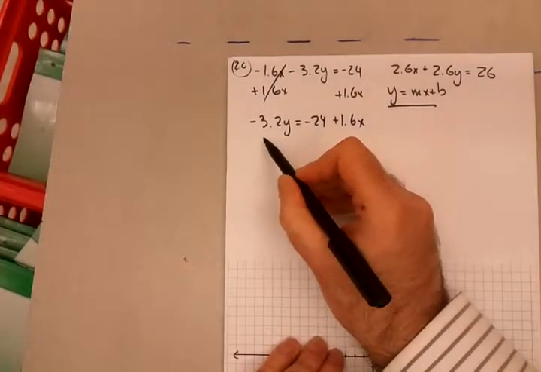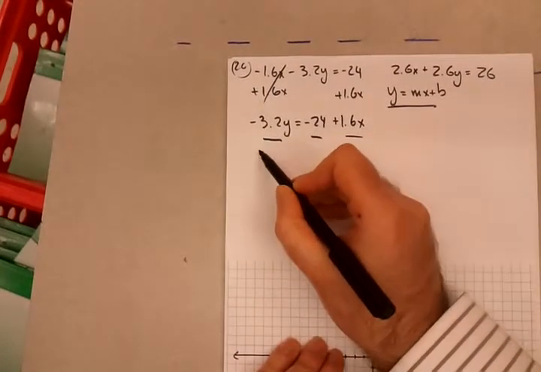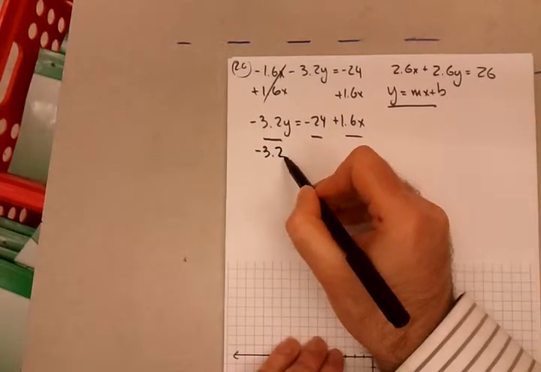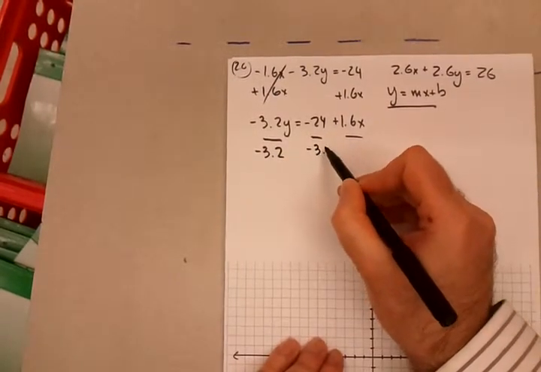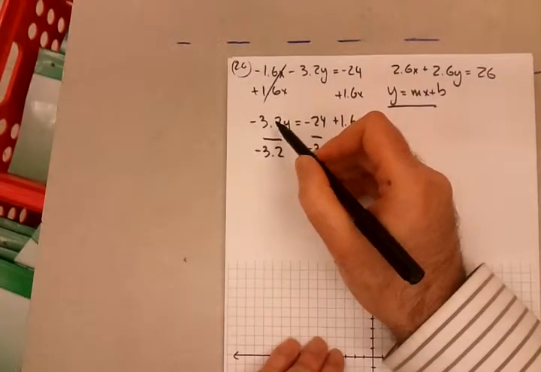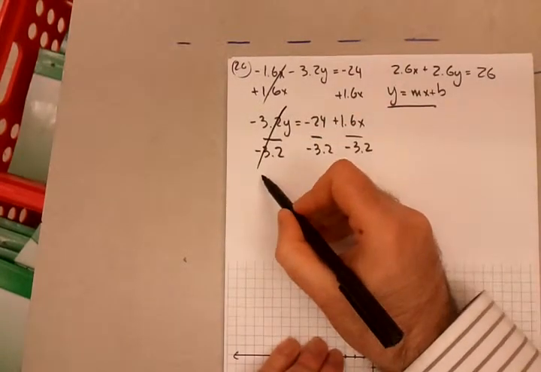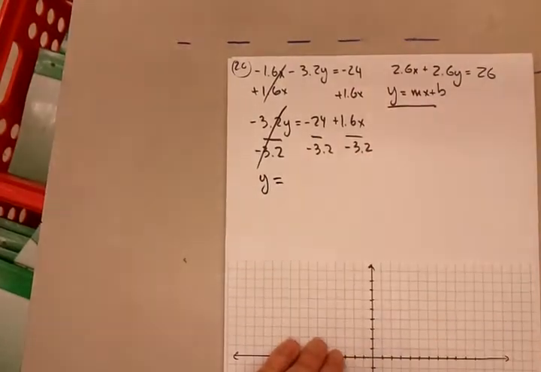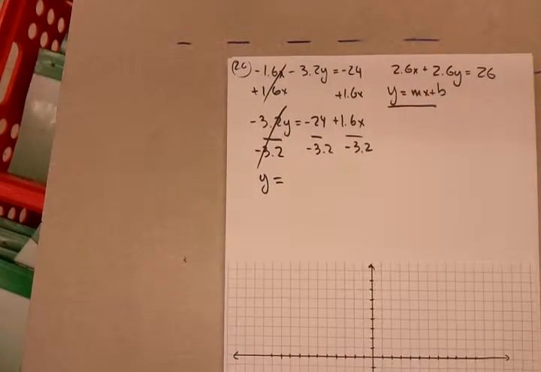Okay, then we're going to divide everything by a negative 3.2. So negative 3.2 divided by negative 3.2, that's gone. Negative 24 divided by negative 3.2.